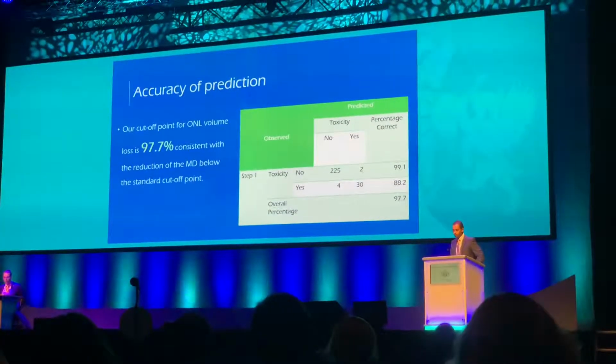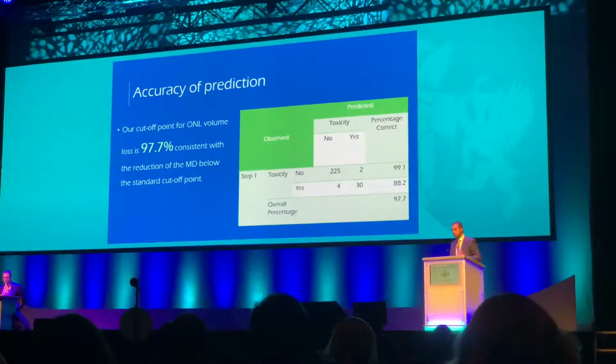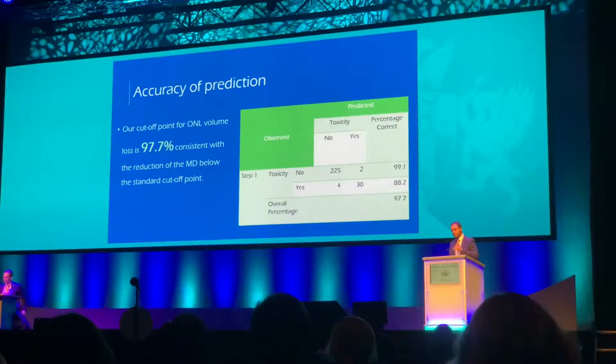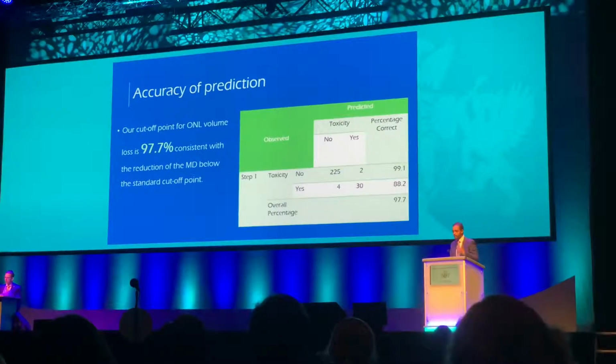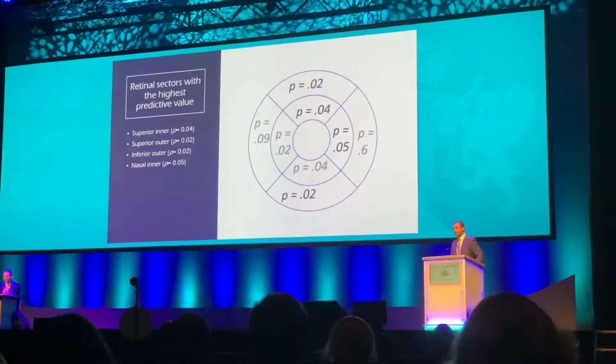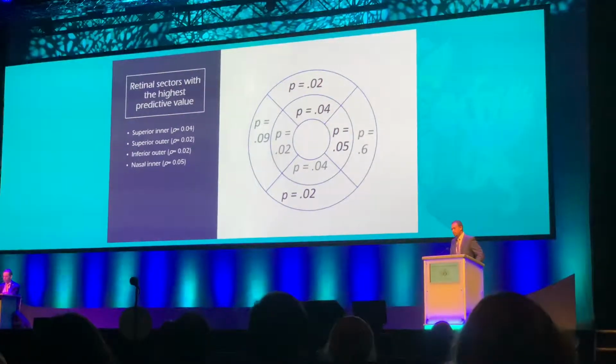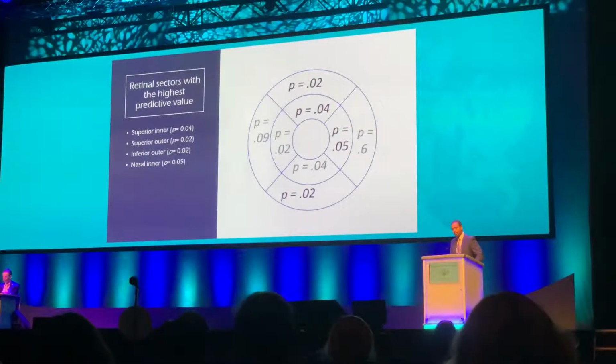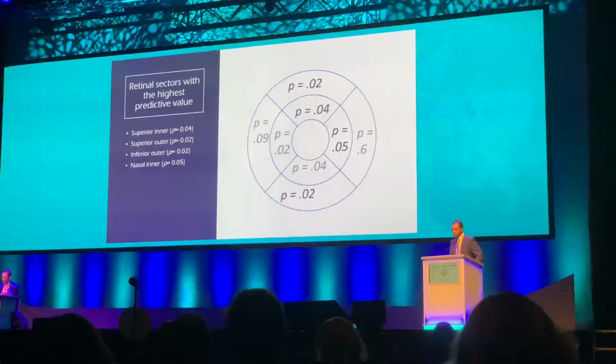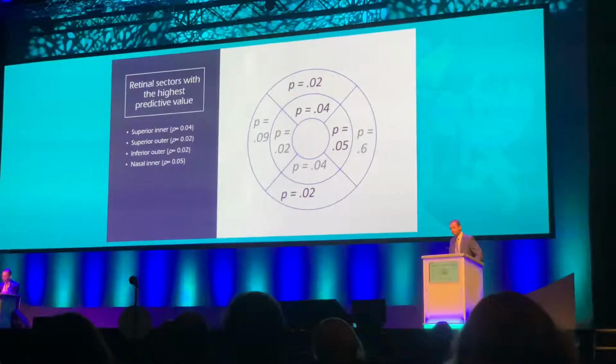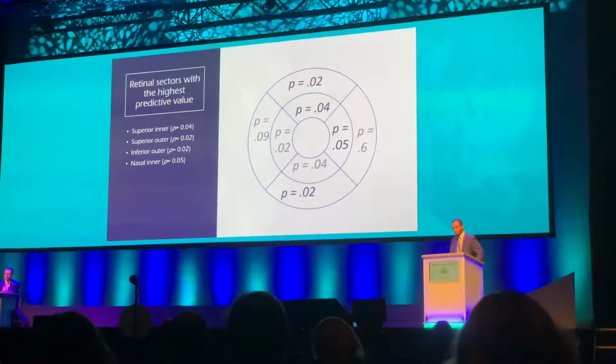The accuracy of prediction is 97.7%, which says the mean deviation reduction is highly consistent with our cutoff point for the outer nuclear layer loss. The retinal quadrants that are highly predictive of loss are the superior quadrants, the nasal, and the inferior outer quadrants.